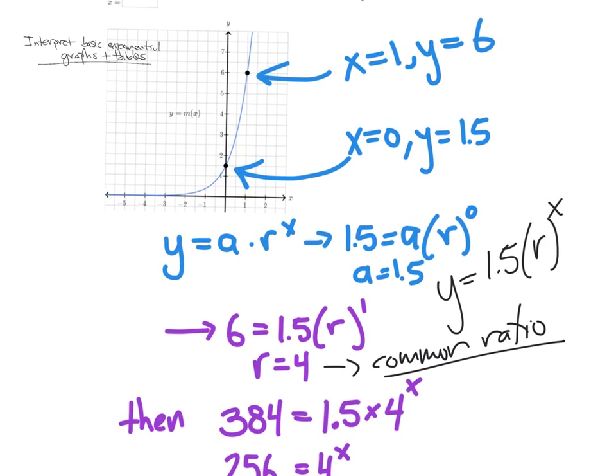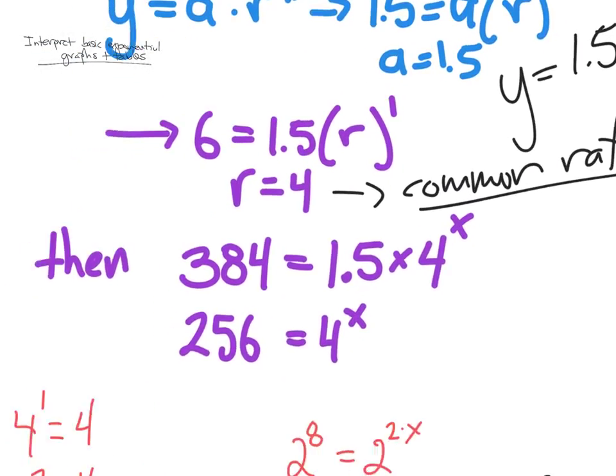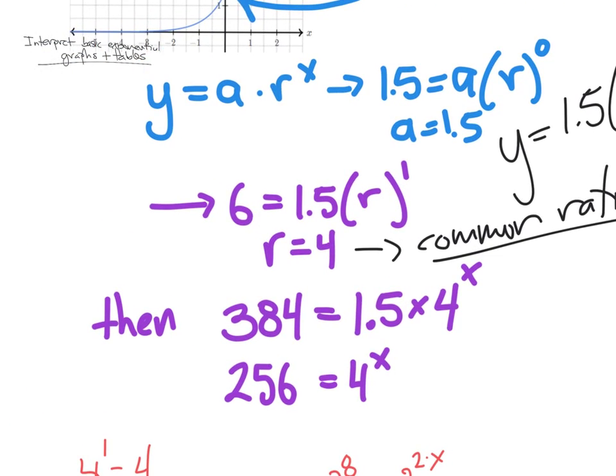So, lastly, they're asking us when y is 384, what is x? So we have this equation that we need to solve, 384 equals 1.5 times 4 to the x. I divided by 1.5, so 256 equals 4 to the x.